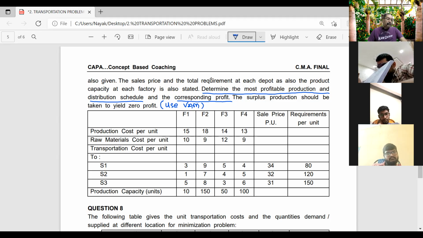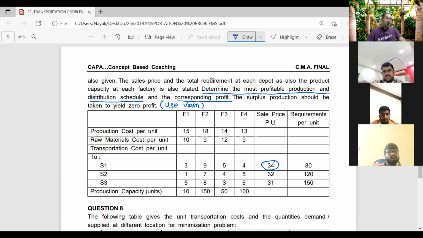So what we do is, we will first calculate what is called the profit matrix. Now, how do we calculate the profit matrix? The profit matrix is calculated by taking the selling price. For example, for S1 the selling price given to you is 34 rupees.